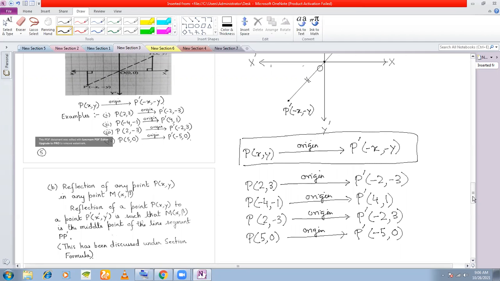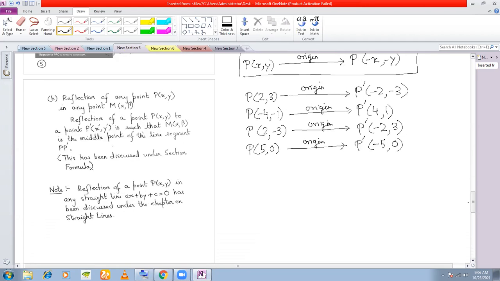Now the question is how to reflect a point on another point as a point mirror. This is a general case. We'll be discussing this case later on in detail when we discuss the section formula. But for the time being, suppose I have a point P(x, y) and I want to reflect this in this point M. How am I going to reflect it?